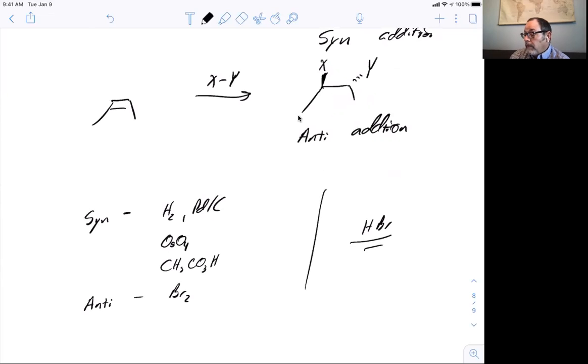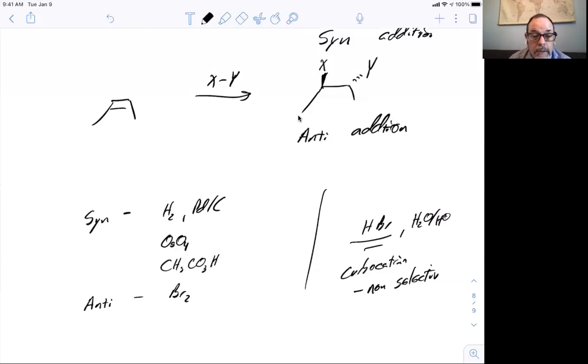So when we think about things that go through carbocations, it's non-selective. So HBr would be non-selective. Water and acid would be non-selective, and so forth.